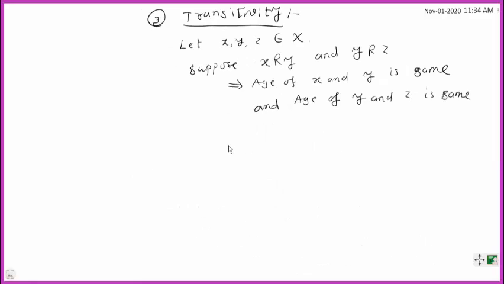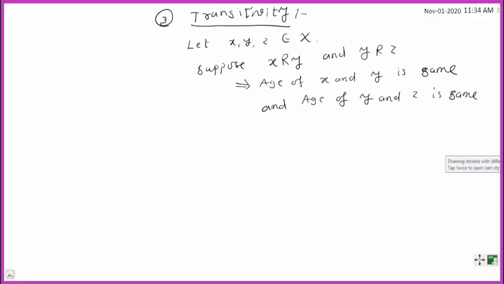This implies that the ages of all these three persons x, y, z are same. This implies that age of x and z are same.